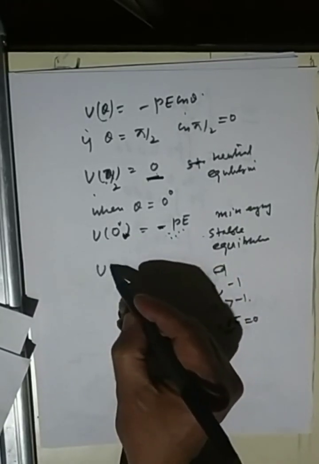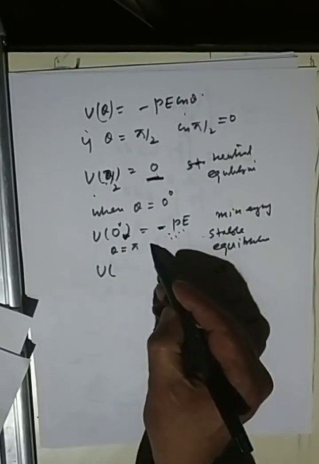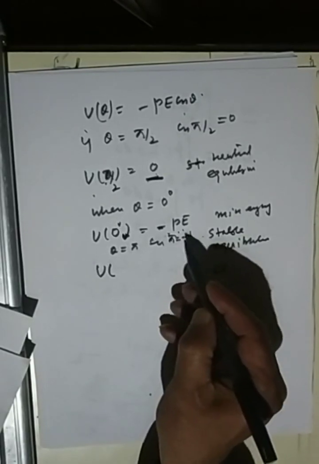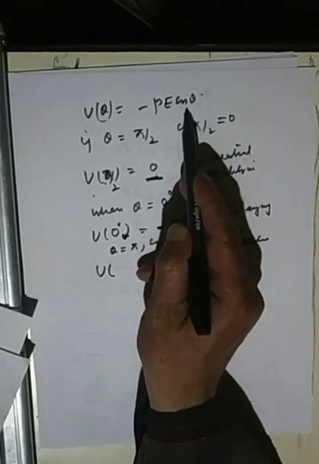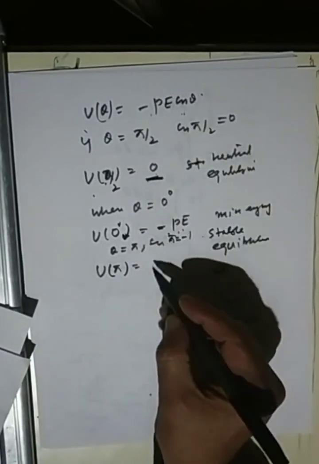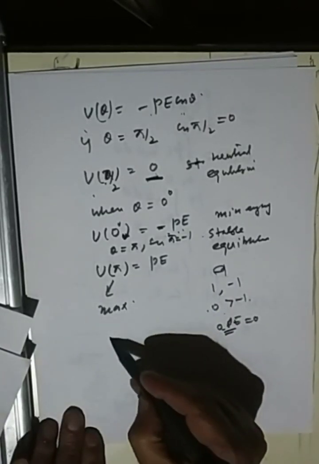Also, if theta is pi, cos pi is minus 1, so energy will be minus PE into minus 1, that is plus PE. So energy here is maximum. We say that dipole is unstable.